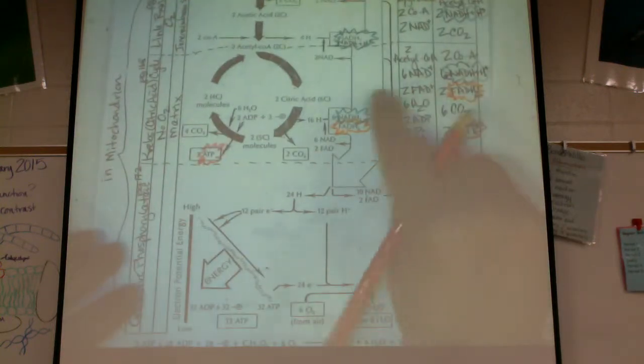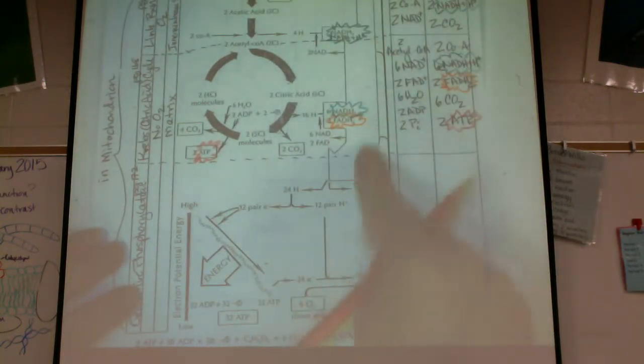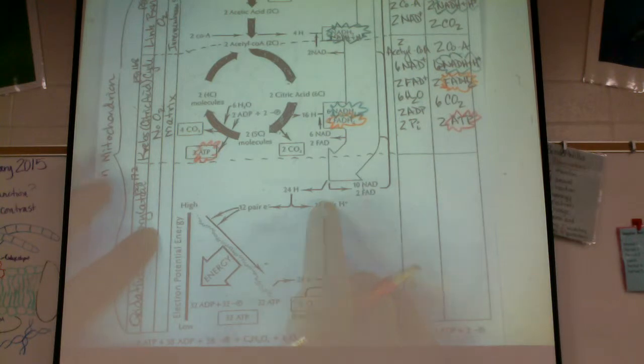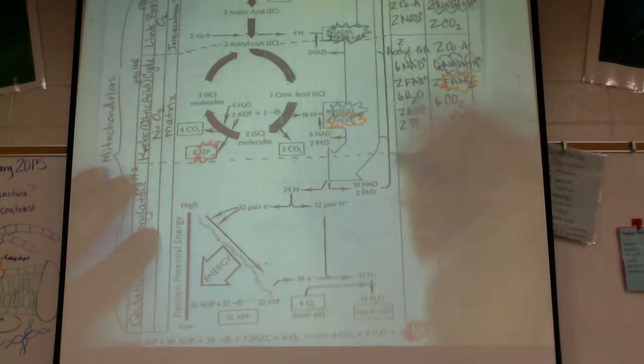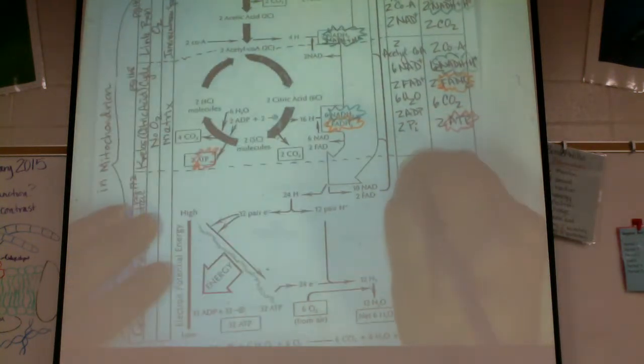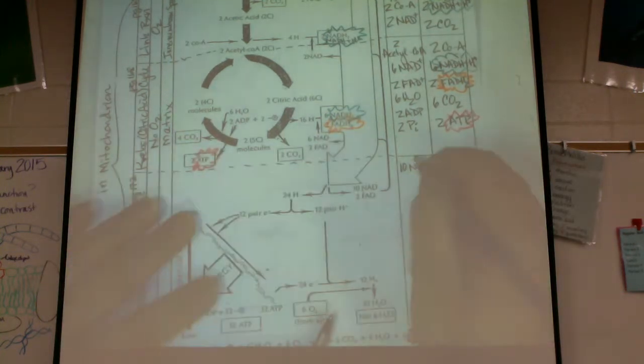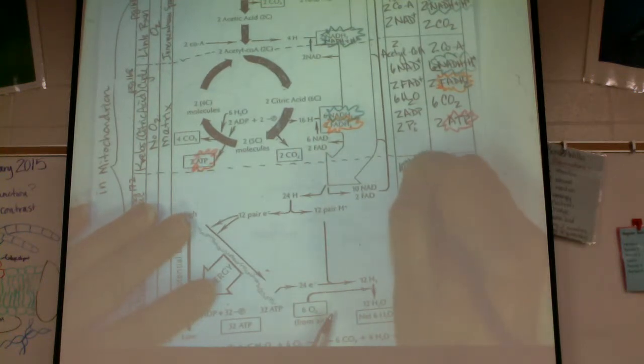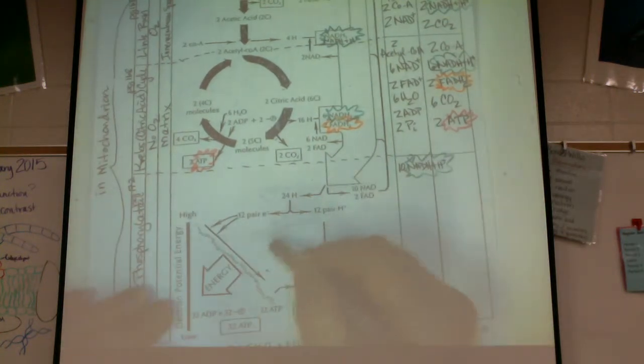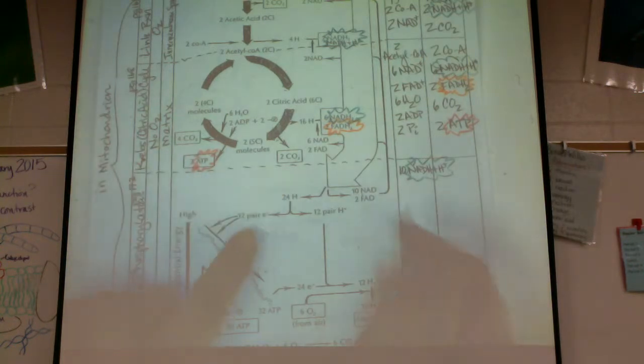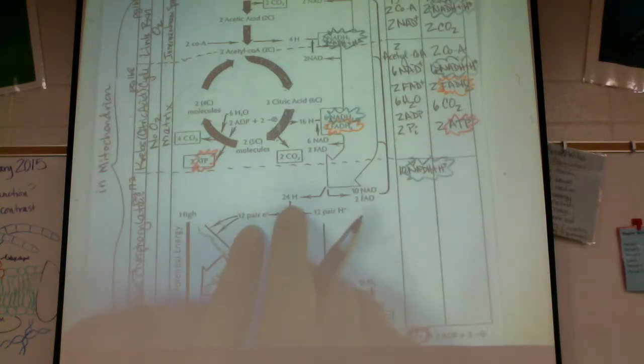So we end up adding the link reaction so that we can do the Krebs cycle, and then we use all of these little electron taxis from all these up here. They're going to all come down here. So now when you add all these up, you're going to get 10 NADH plus H pluses, okay, coming in as that little electron taxi to drop off hydrogen ions and drop off electrons, right?